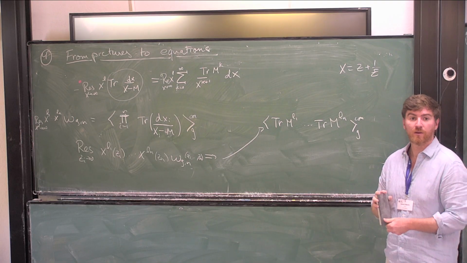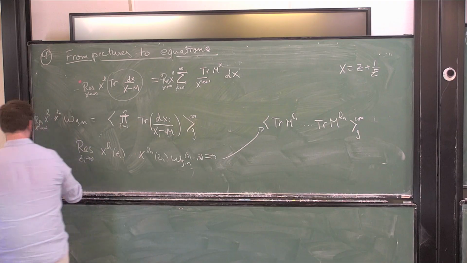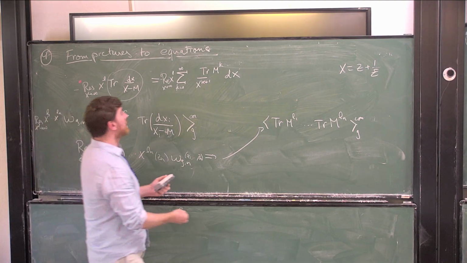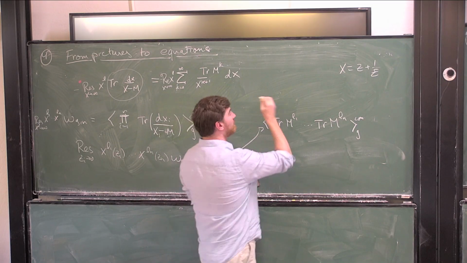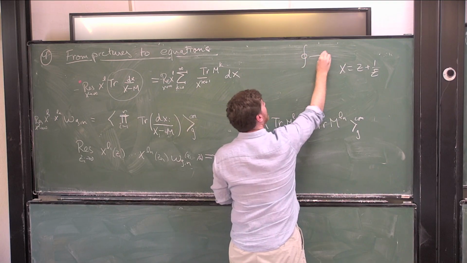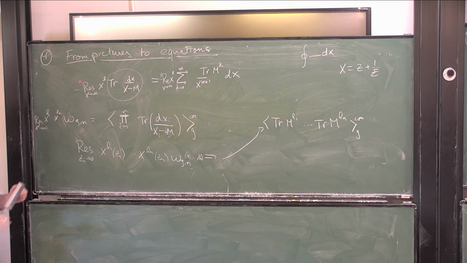Why do you need the dx again? Because in principle you could also take the residue of just, instead of dx over x minus n, you have 1 over n. Yeah. Well, a residue is always an integral. So when we do something like that, we're doing an integral with respect to some measure. I'm saying that measure is dx.